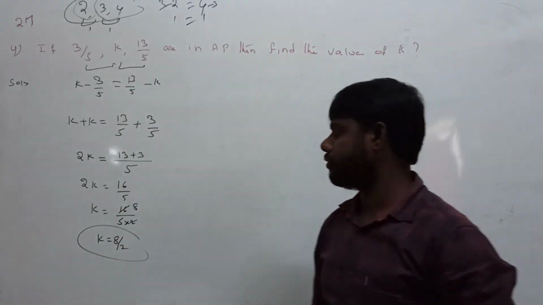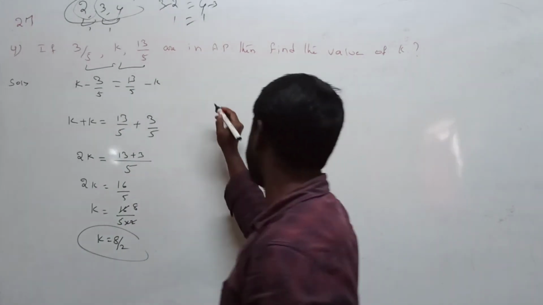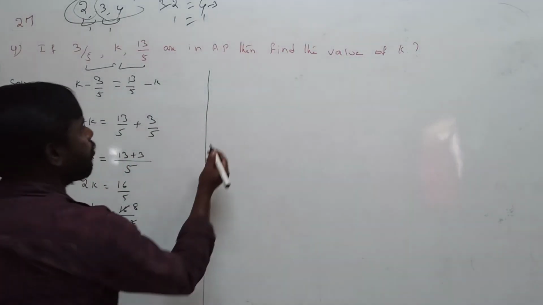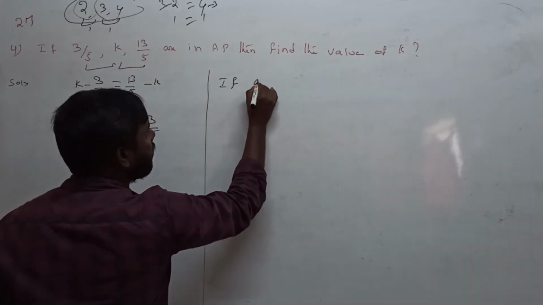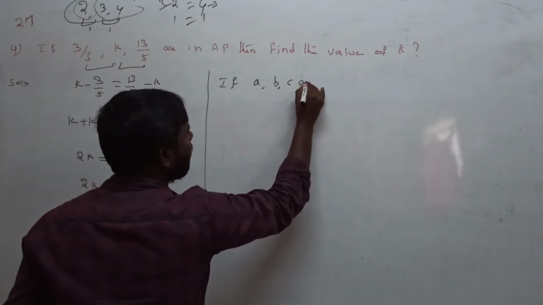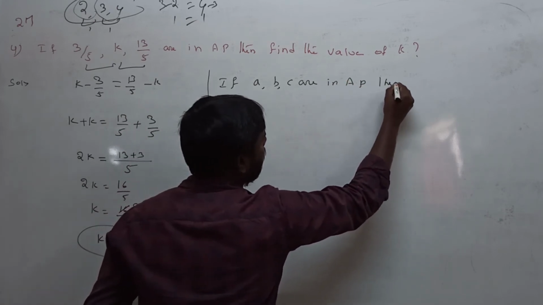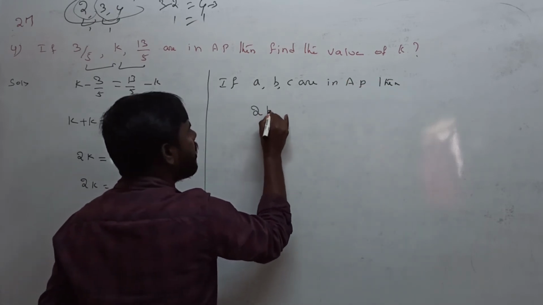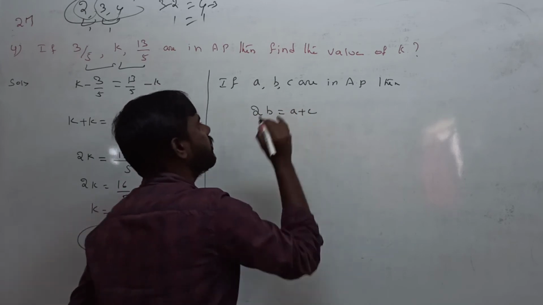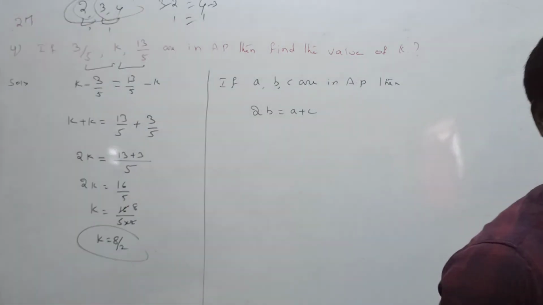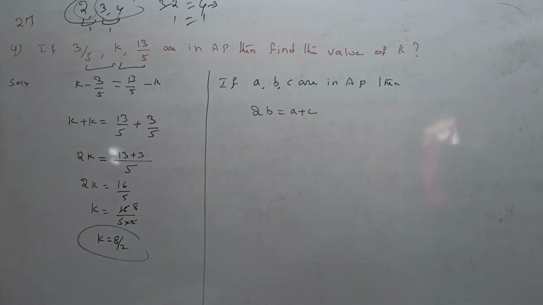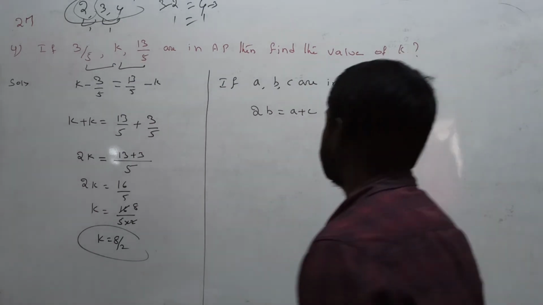So one more condition, the fourth note point: if a, b, c are in arithmetic progression, then the condition is 2b is equal to a plus c. What is given?